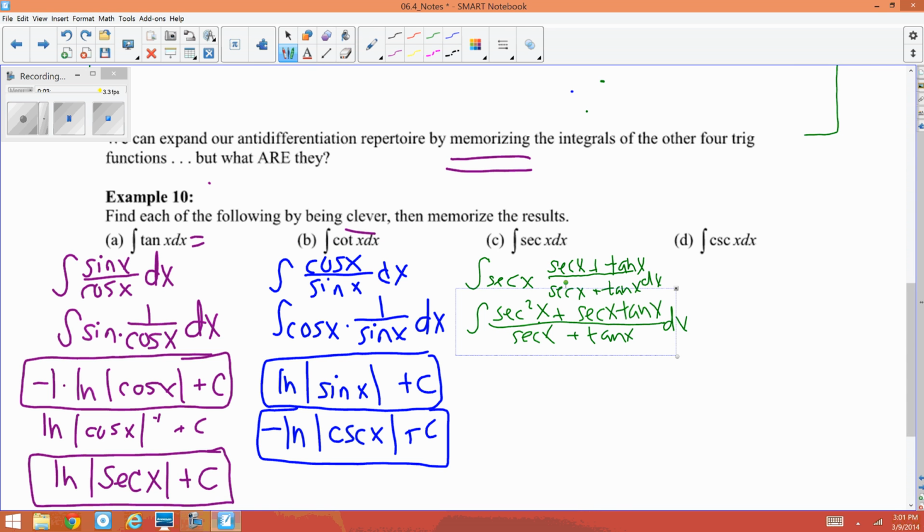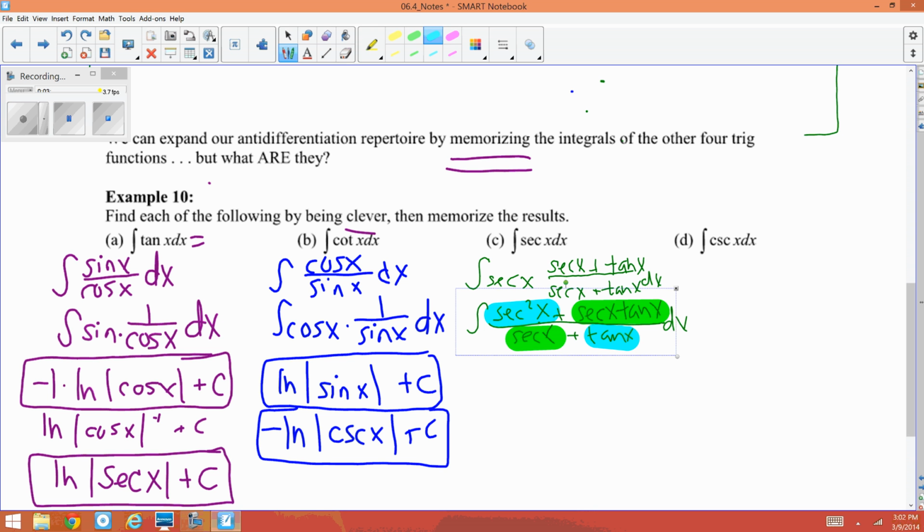All right, why is that useful? That looks even worse, right? But let me get my highlighter so we could talk about this for a second. The derivative of secant of x is secant x tangent x. The derivative of tangent of x is secant squared x.